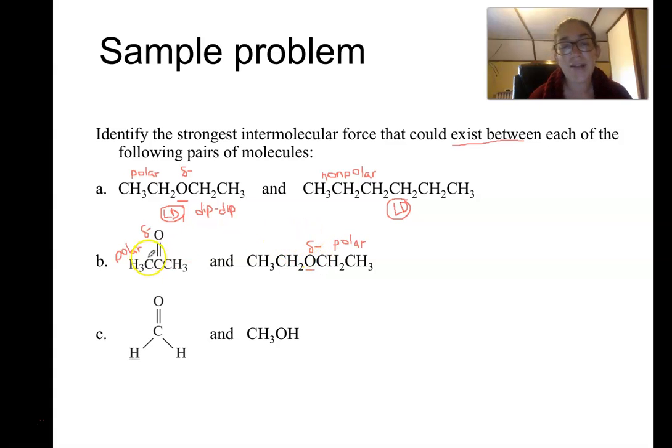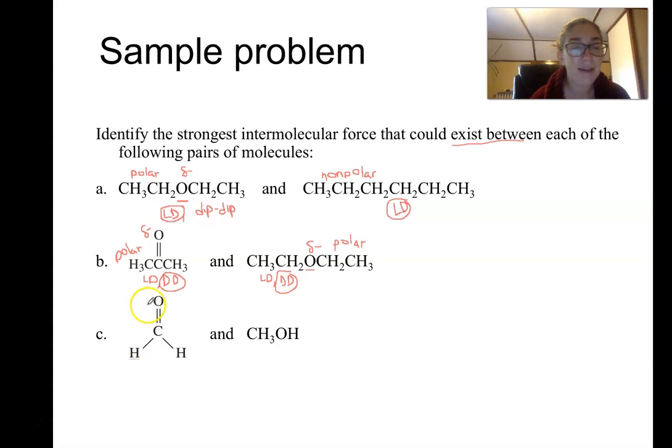So there's going to be no hydrogen bonding, but both of these have London dispersion forces, because everything has London dispersion forces, and they both also have dipole-dipole attractions because they're both polar molecules. So these two have the same type of attractive force, and the strongest force that can exist between them is those dipole-dipole attractions. So the answer to this one would be dipole-dipole is the strongest intermolecular force that could exist between them.